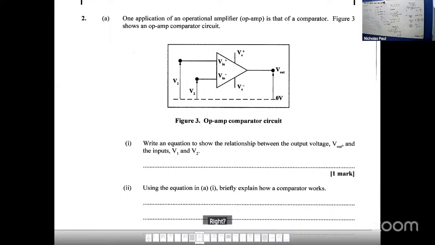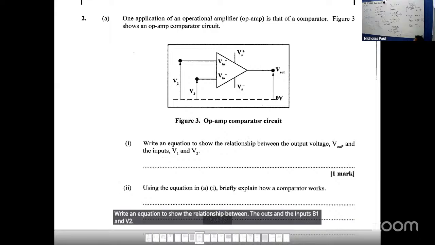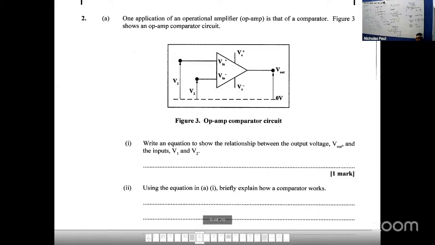So let's see what they're asking us first. Write an equation to show the relationship between V out and the inputs V1 and V2. Really an inequality one. Write an equation to show the relationship between V1, V2, and the output.